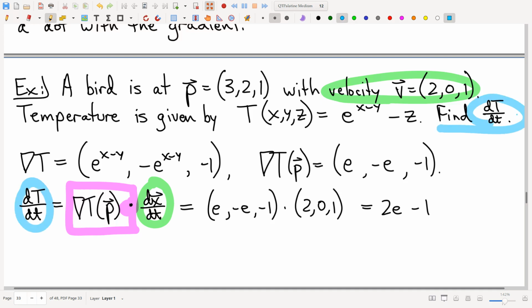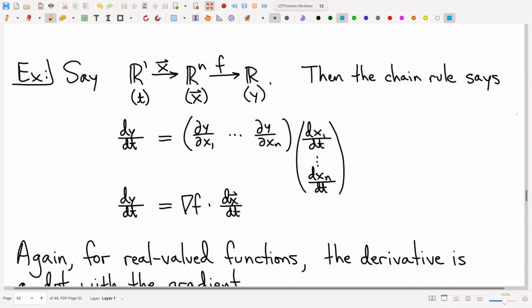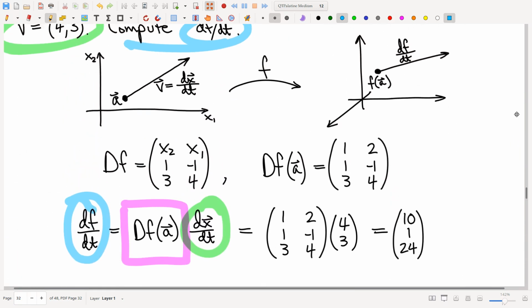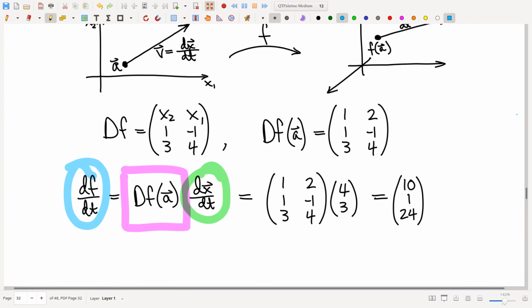Yes, quick question. If we take the dot product, it means that we're going to get a scalar. Yep, that's right. In the previous example, it was a vector, right? Yeah, absolutely. So this you can't write as a dot product because you look at this right here, it's just straight up not a dot product. Right, and so that's something to distinguish the special case. That's right. So you have to use matrix notation when you have vector valued outputs.